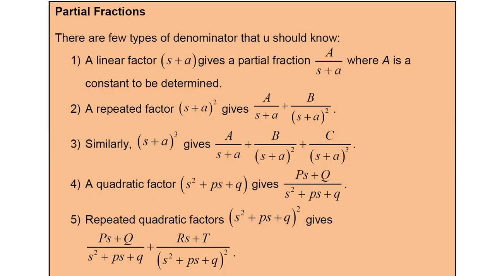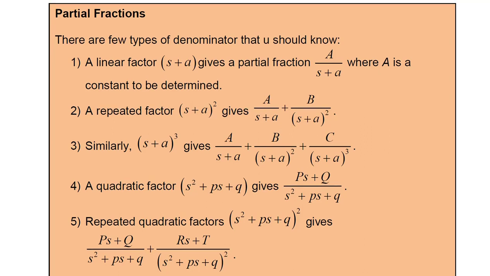Before we go to the example, you have to know this first. Recall your knowledge about partial fraction. In this note we list 5 things. Look at the first one, a linear factor s plus a. You can see this is linear, we can say as plus b.